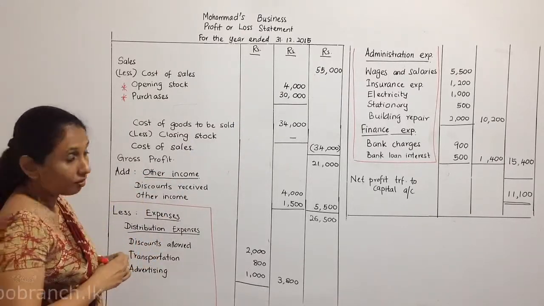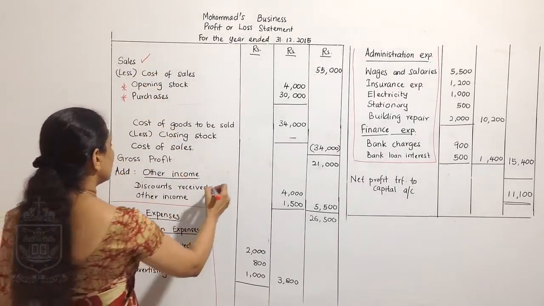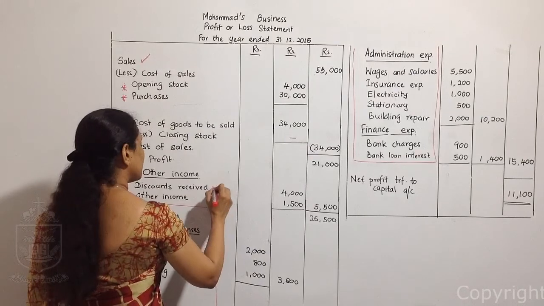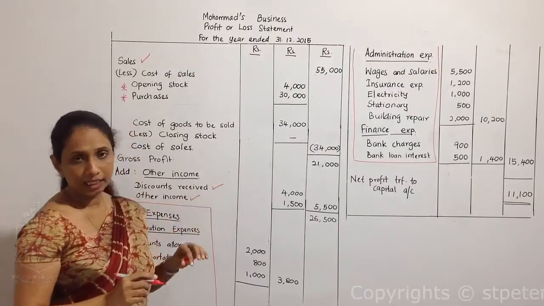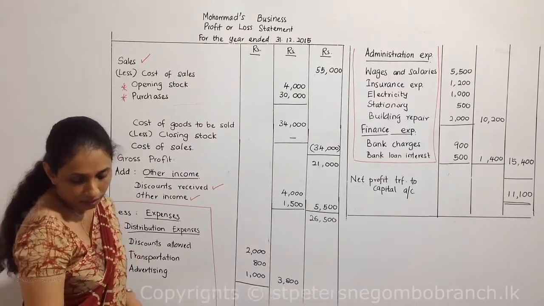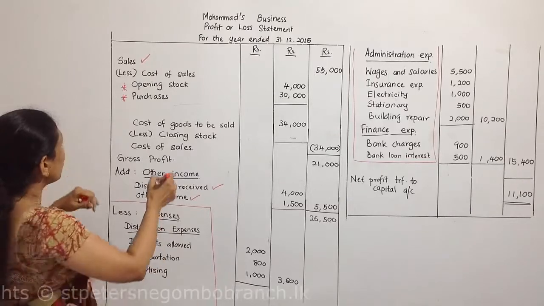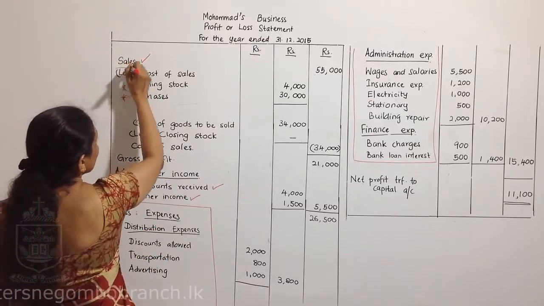Then the income figures, for income you have to take sales, and from the other income, discounts received and other income will be taken as income figures. Then it asks you to calculate separately the cost of goods sold, which we have already done.